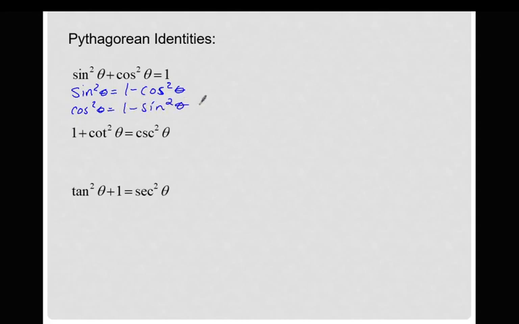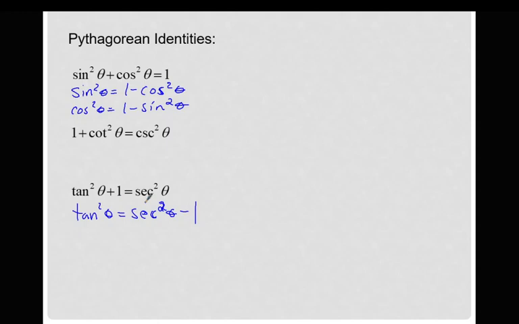The reason is because the less algebra you can do while you're doing a problem, the better. So if I have these identities manipulated a little bit already, it makes things easier. For instance, like this one, tangent squared theta equals secant squared theta minus 1, moving that over to make it negative.